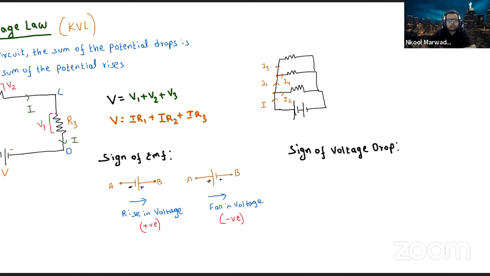So let us suppose I have two circuits like resistance like this, like this, AB, AB.